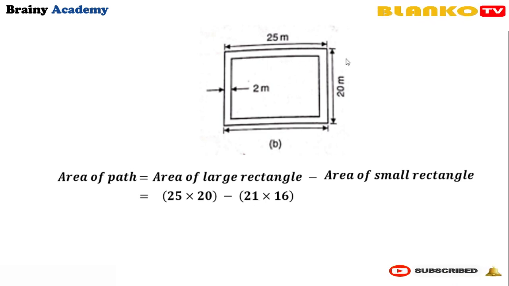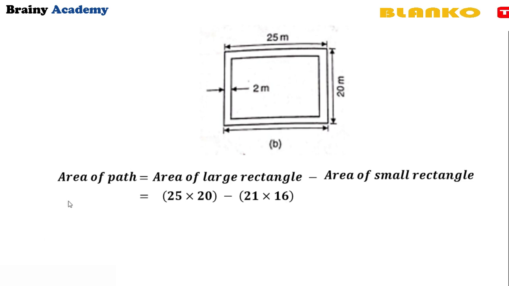When it comes to the breadth, from this point to this point is 2 meters, and from this point also to this point is 2 meters. So when you add, we get 4. When you subtract 4 from the breadth of the large rectangle, which is 20, you get 16. So the breadth of the small rectangle is 16. So that is what we have here, 21 times 16, the length times the breadth.